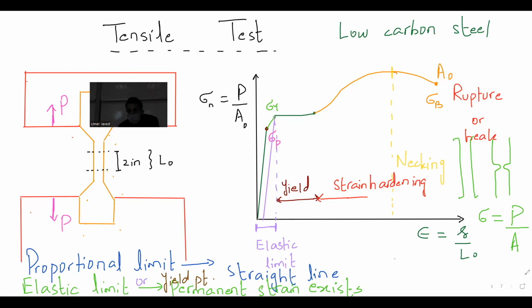Okay, let me just go over a few things in this course. This is where we will be focusing, on the elastic zone. So for example, we will be talking about stress on the y-axis and strain on the x-axis.